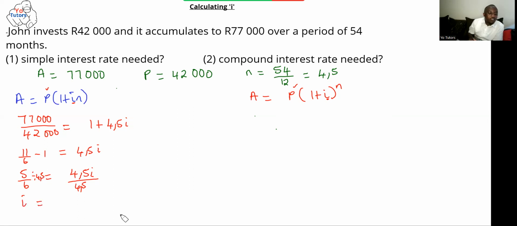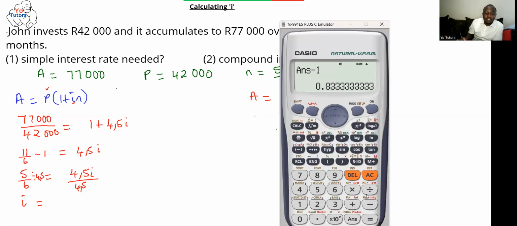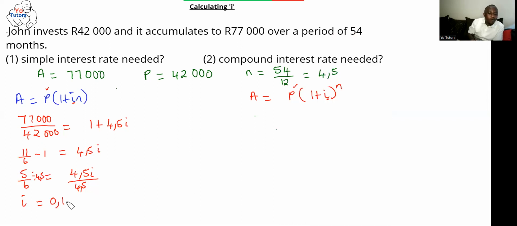Our I in this case will be equal to 5 over 6 divided by 4,5, and this is what we get: 0,185185, and it continues like that. To get the percentage we multiply by 100, so it's 18,5%. That's what we get there.